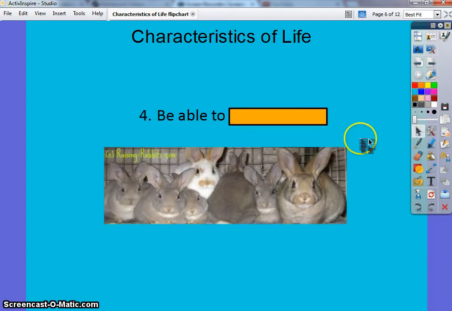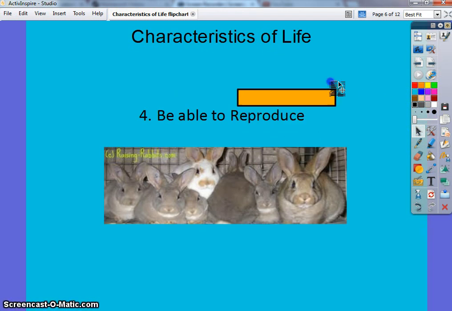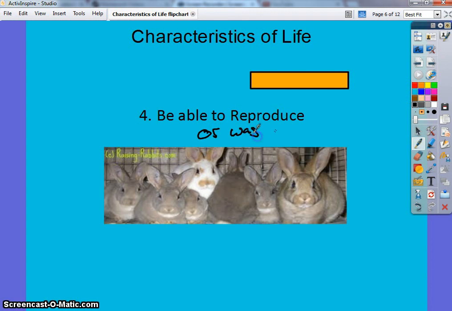Alright, fourth thing, all living things have to be able to reproduce. Okay, now, we do realize that when we have pets, dogs and cats especially, they get spayed or neutered and can no longer reproduce. That does not mean that they are not living. Alright, so it's to be able to reproduce or was once able to reproduce.